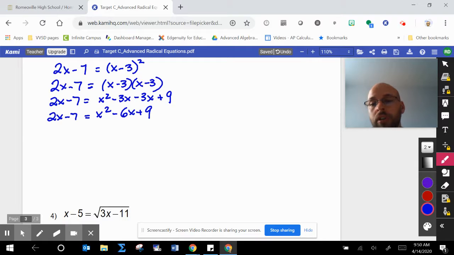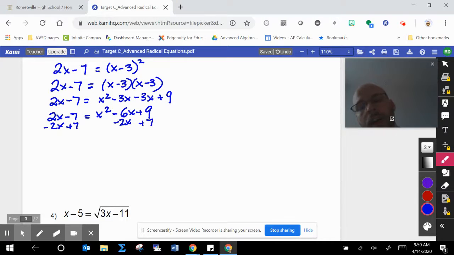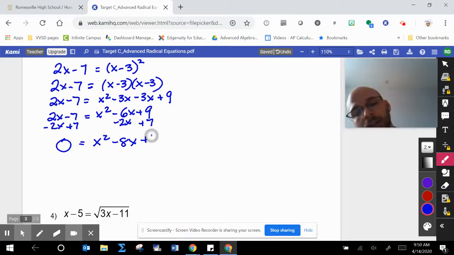And now move all your terms to the side of the quadratic, right? Get everything over to the side of that quadratic. So I'm going to subtract a 2x. I'm going to add a 7. So I get 0 equals x squared minus 8x plus 16.